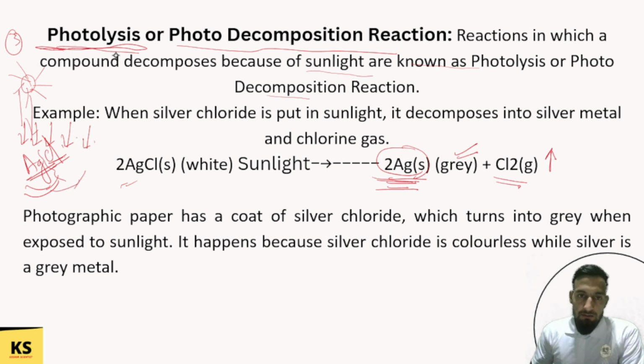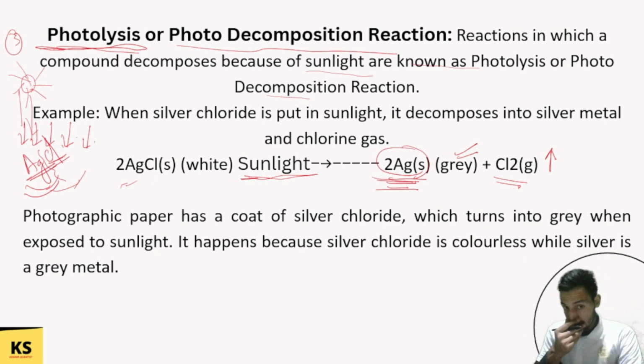This type of reaction is called photolysis or photodecomposition, in which we supply the reactant with sunlight to get the required products, as the example of AgCl suggested.